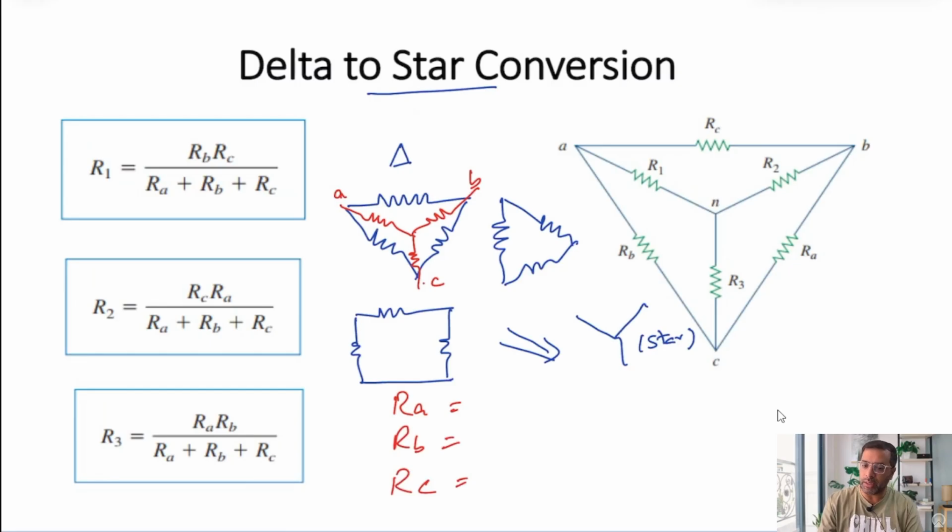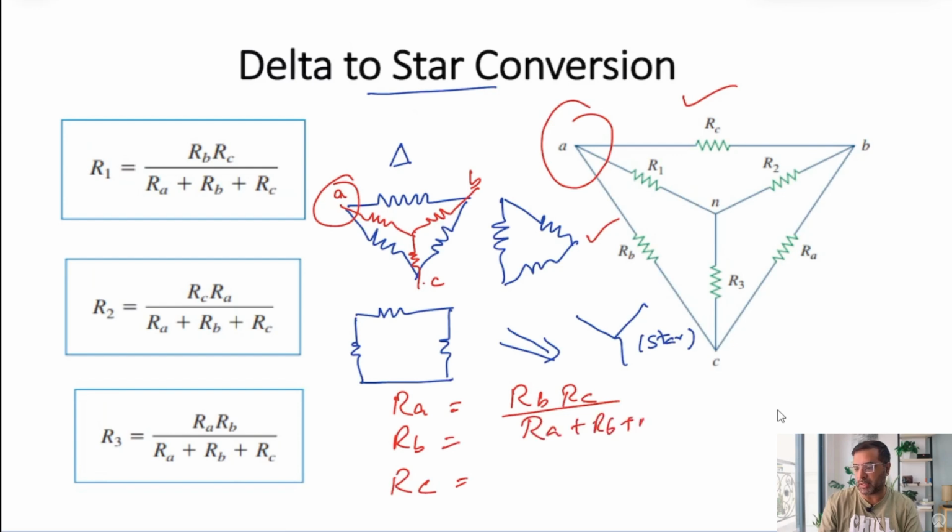So if we talk about R1, or what we call RA in our circuit, it will be equal to, we have to check the two adjacent vertices, like this is RB and RC, and then divide by the sum of all the resistors, which is RA plus RB plus RC.